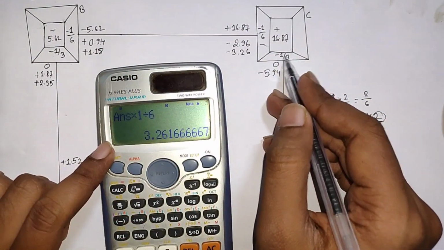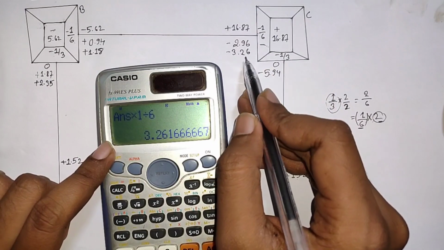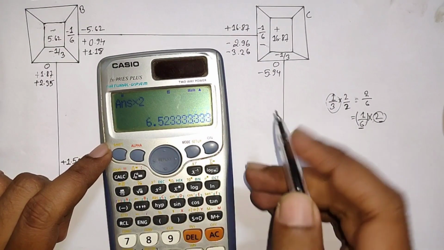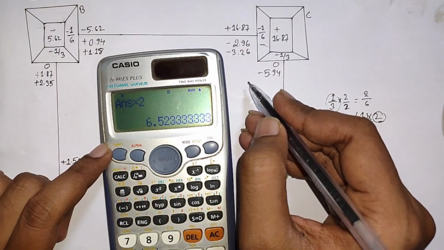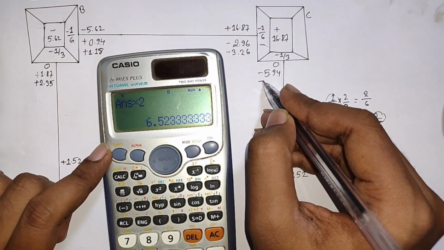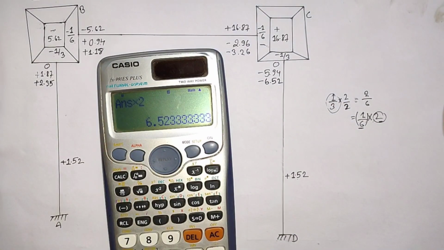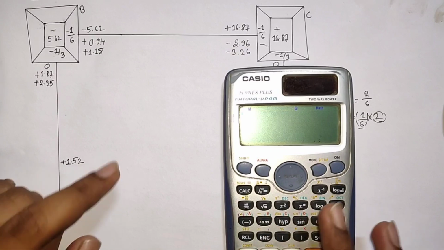Now again 1 by 3 is twice of 1 by 6, so multiply this value by 2, we get 6.52. So this will be minus 6.52. Now our second cycle is going on.